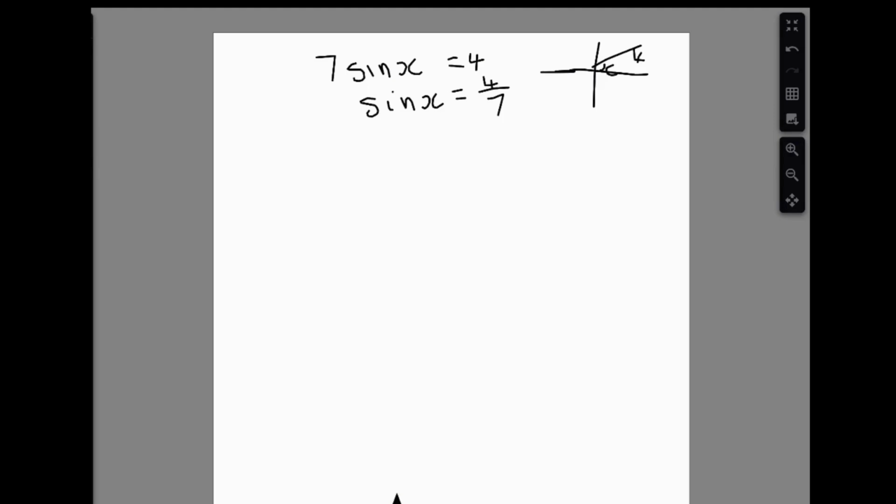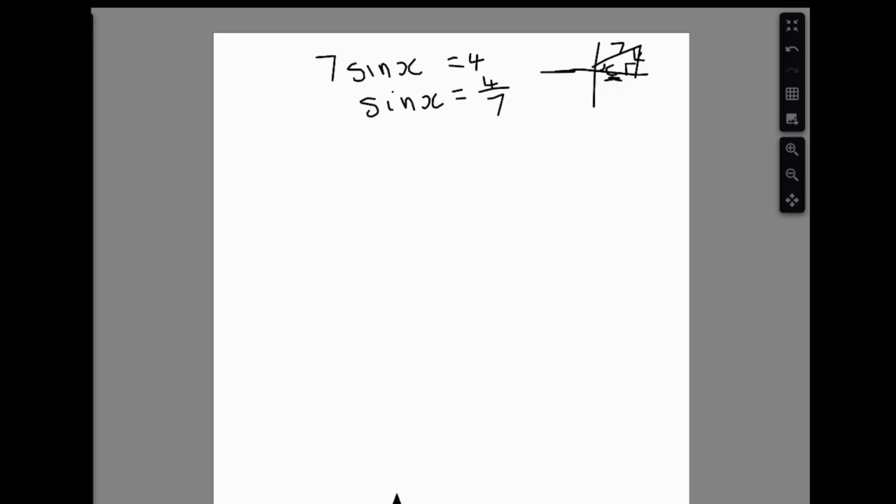That's x, and that will be 7, and that will be our triangle like that. That's our 90 degrees right there. Now the opposite side is 4. The hypotenuse is 7. Now we need to find the adjacent side. So we need to find this side over here.